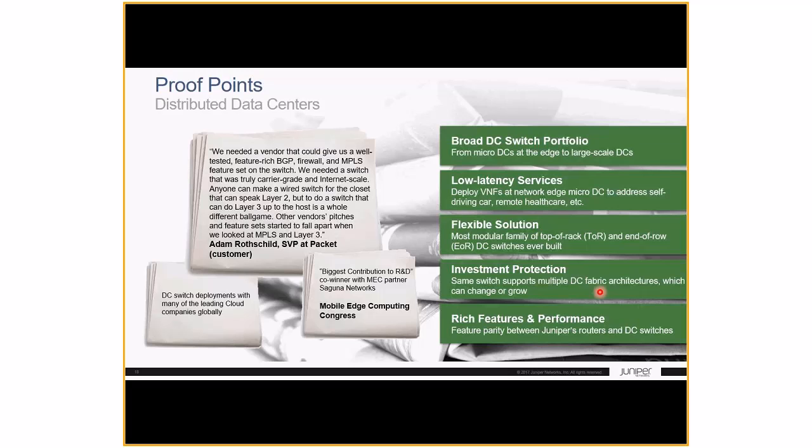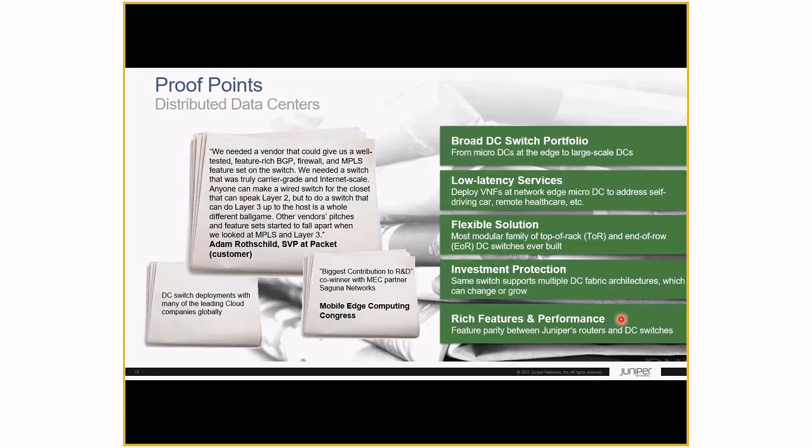All of those are still supported through the same infrastructure that you're purchasing, so you're protecting your investment moving forward. And all the features we have on our routers are being incorporated into our data center switches, and I truly believe that some day you may not find a whole lot of difference between routers and switches in the industry.